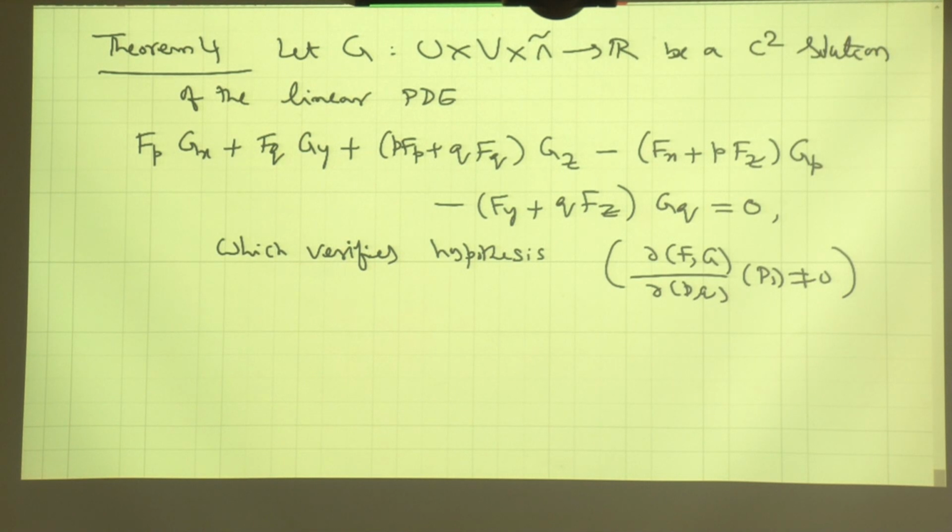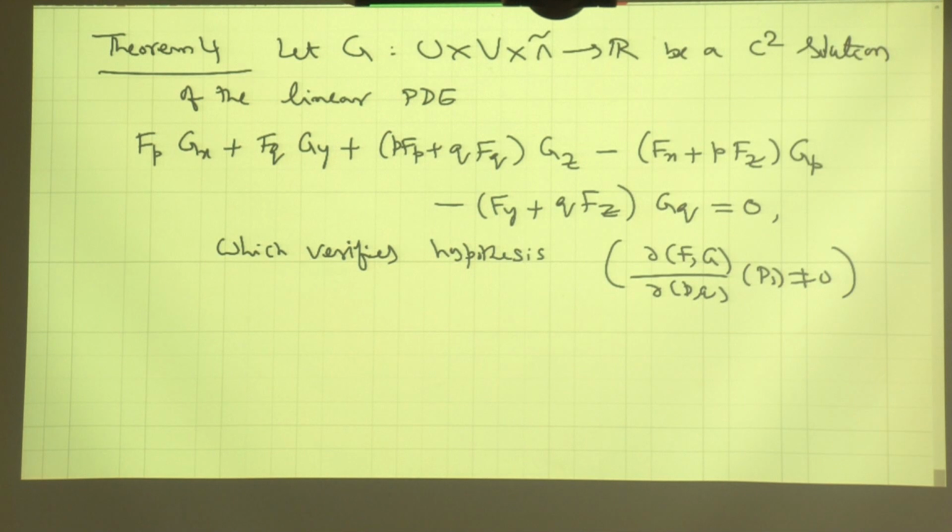No. What appears is F, Fp, Fq, and so on. They all depend on x, y, z. Z is there, x, y, z is there. G itself is not there.